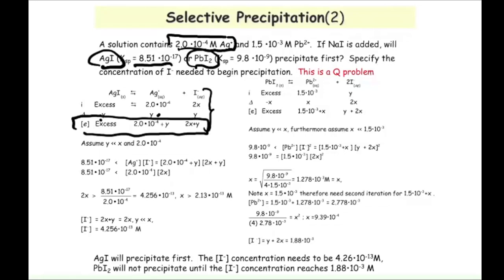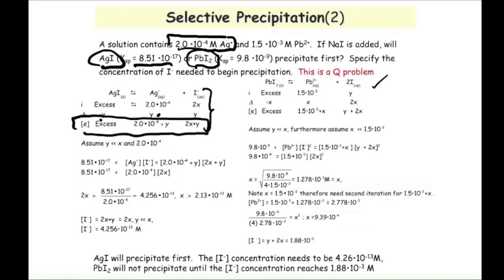And what you can do is you can say that because the equilibrium constant for silver is so much smaller than the equilibrium constant for lead that the 2x value right here is negligible. That is, the amount that is dissolved from the silver is going to be small compared to the amount that is produced from the iodide.